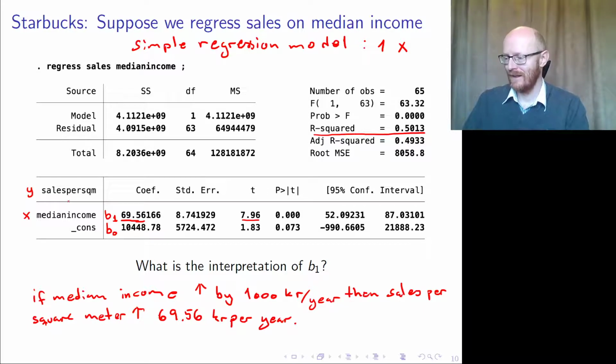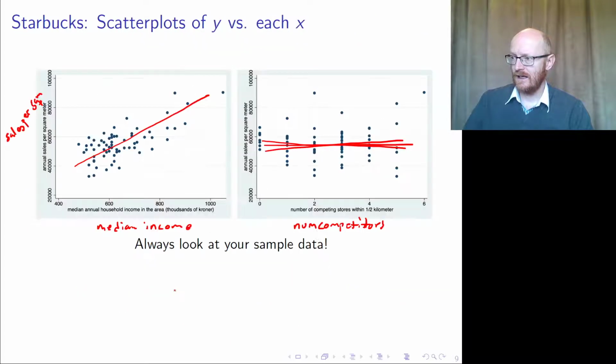So that's a positive relationship, and we saw that here from the data. It was quite easy to see that if median annual household income in the area goes up, then the sales per square meter go up.